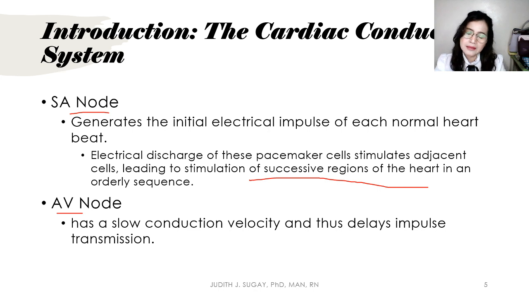This AV node is located on the right side of the interatrial septum, and it has a slow conduction velocity. Given this, it will delay the impulse transmission. The heart rate now is dependent on and modulated by autonomic tone and circulating catecholamines to maximize the cardiac output.